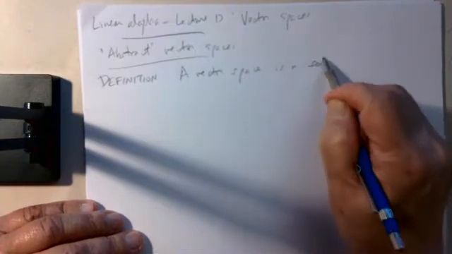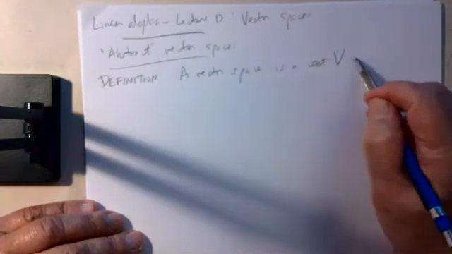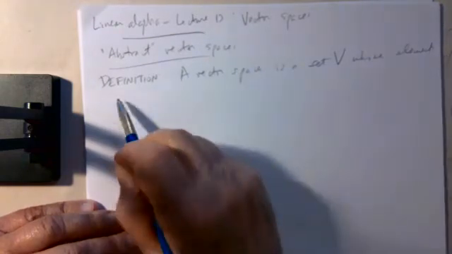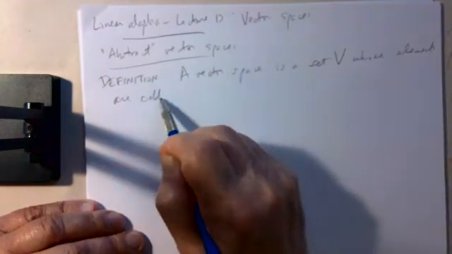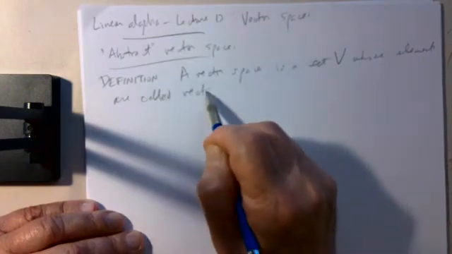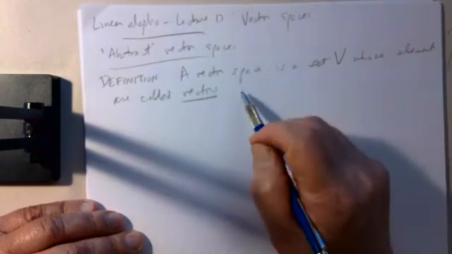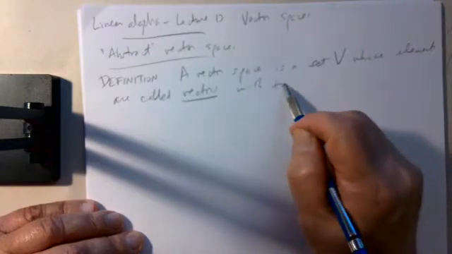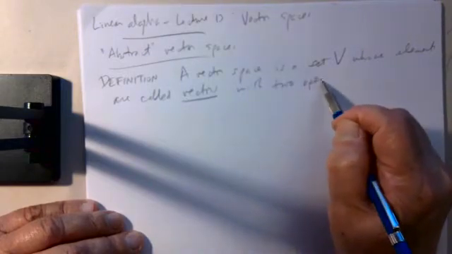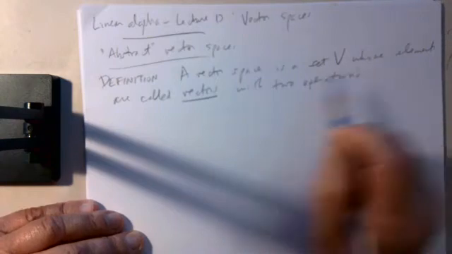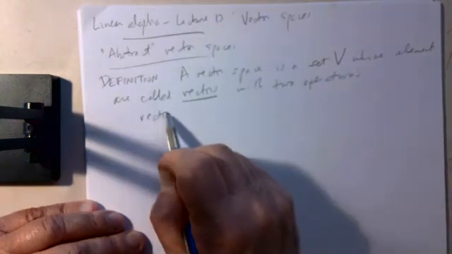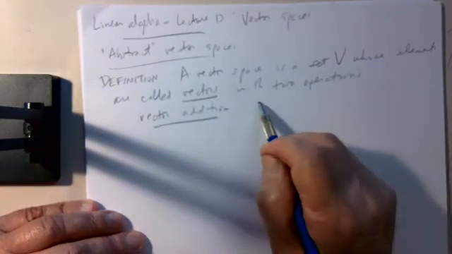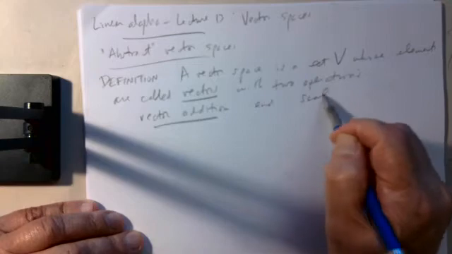So a vector space is a set V whose elements are called vectors, with two operations: vector addition and scalar multiplication.